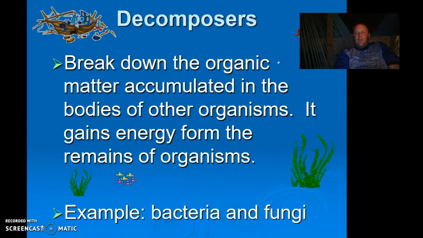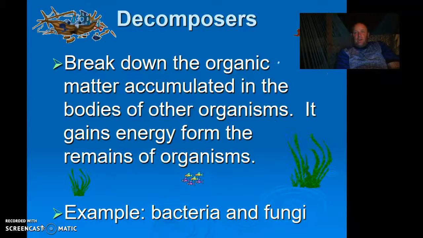So if we think decomposers, consider this. When an animal dies and is laying there, you're going to get beetles and vultures and things like that that come pick at it. But when it finally decomposes into the bottom parts, that decomposition is a result of bacteria.